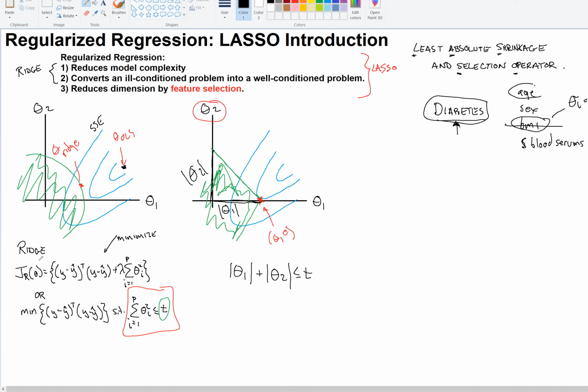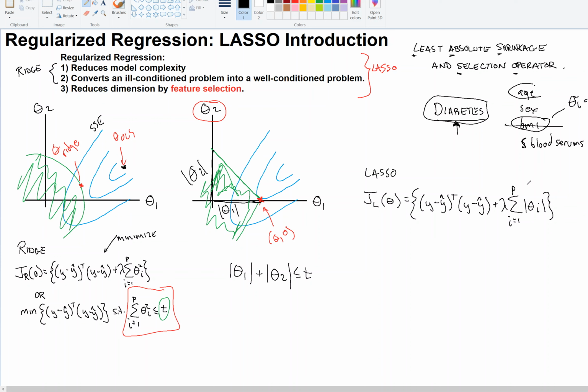Okay, so we're going to adjust the minimization problem. We're going to say the lasso minimization, call this J_L for lasso, is going to be: reduce the sum squared error, which is this guy, plus lambda times, and then what we're going to do is not square, but just take the absolute value of each theta.